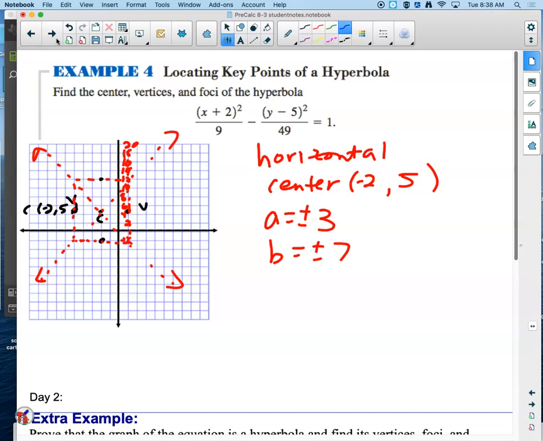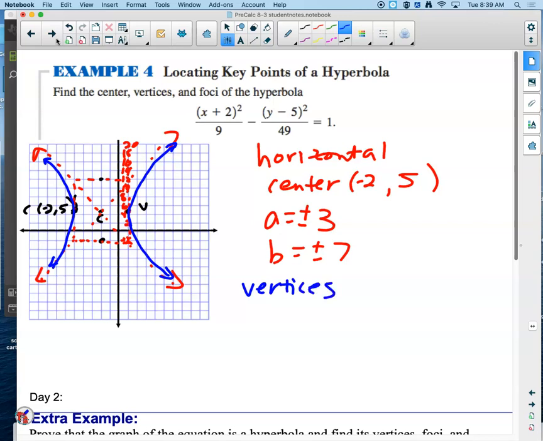And it was horizontal, so we're going left and right. But we have to formally write down, we've got the center. Now we're going to formally write down those coordinates for our vertices.